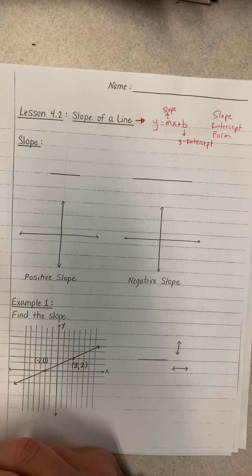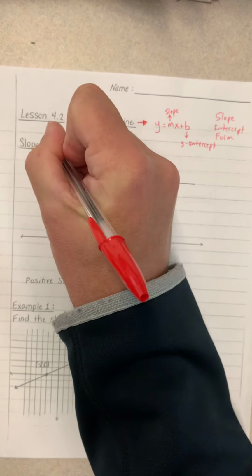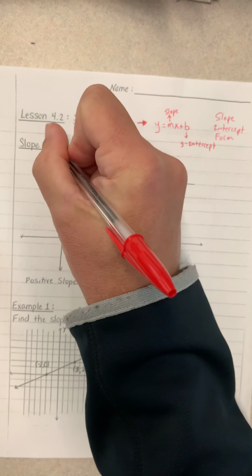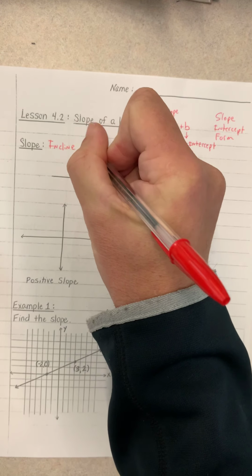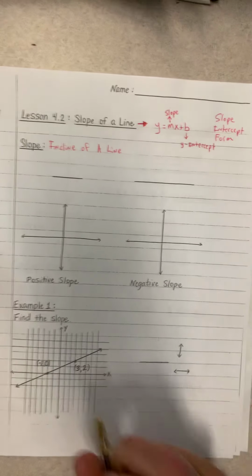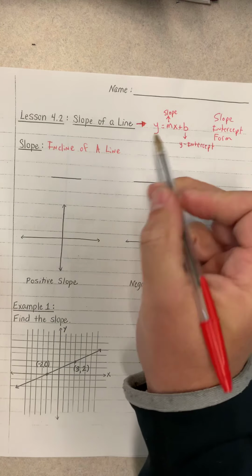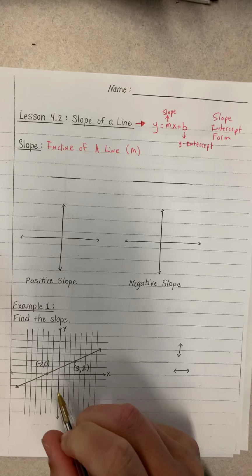When you think of slope, I think of a hill, of going up a mountain, and that's exactly what it is. Slope is defined, it's going to be the incline of a line. In this equation here, we are going to refer to it as m.